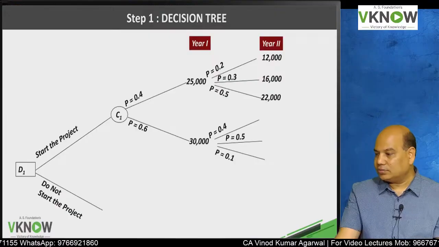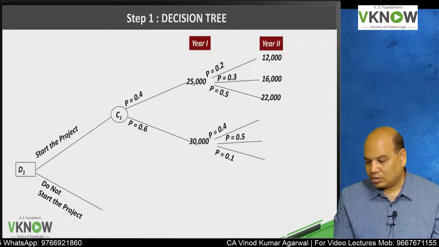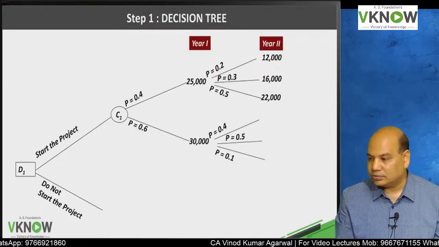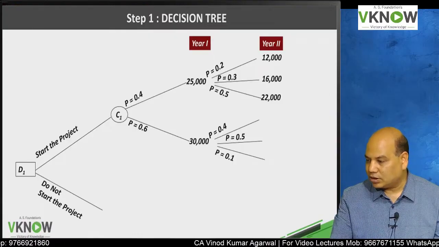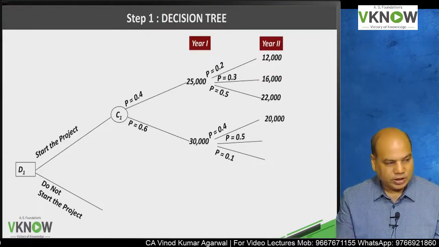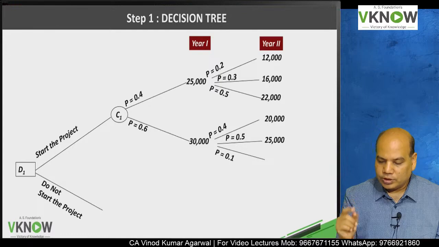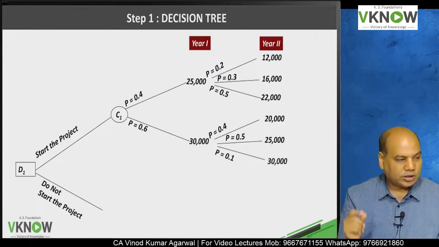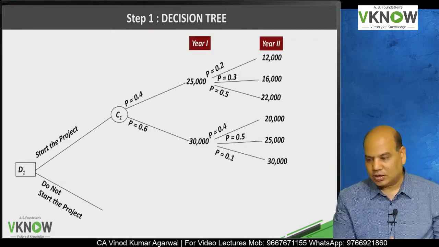And if I get 30,000 in year 1, then I will get either 20,000 or 25,000 or 30,000 in the second year.